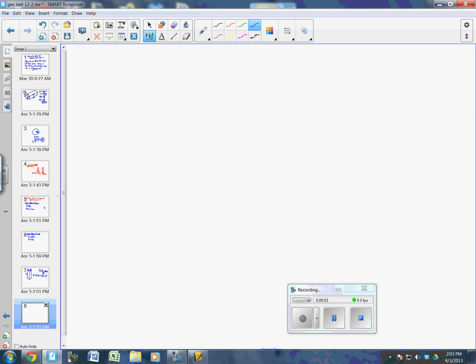I'm not very good at drawing octagons, so I think I got this thing on here that can draw my octagon for me. Or my pentagon. I'm going to do this.